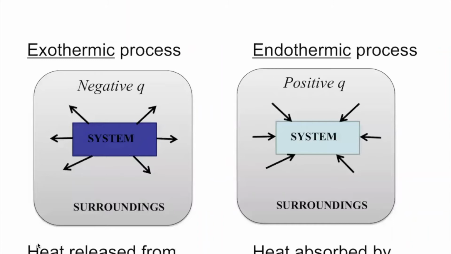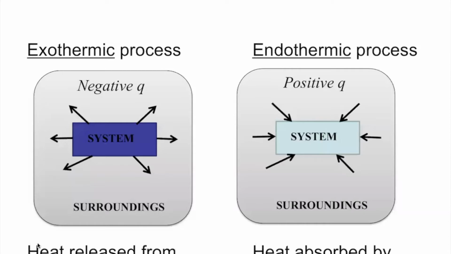An endothermic process is going to be things like melting ice, in which the system is absorbing energy. The way we're going to represent it, exothermic, we're going to represent it with a negative Q. Endothermic, we're going to represent it with a positive Q.